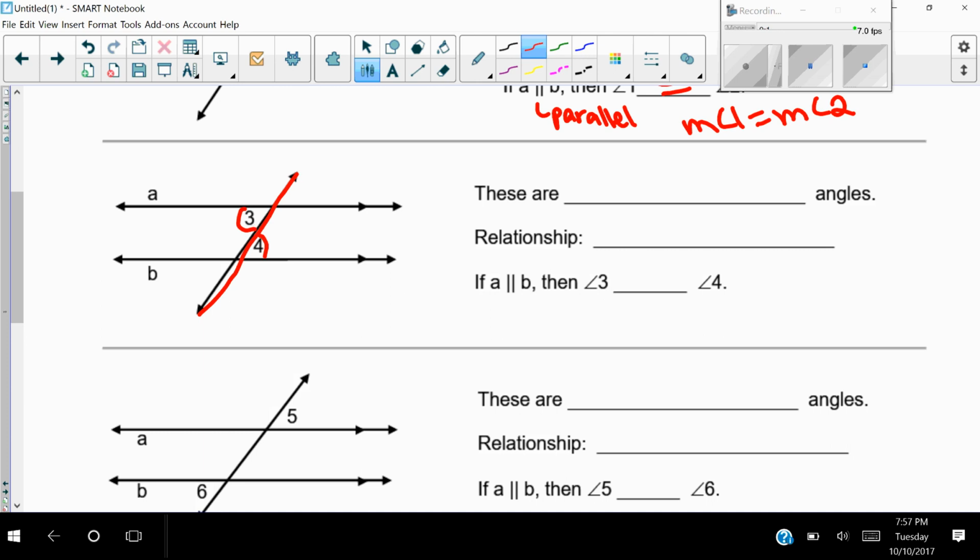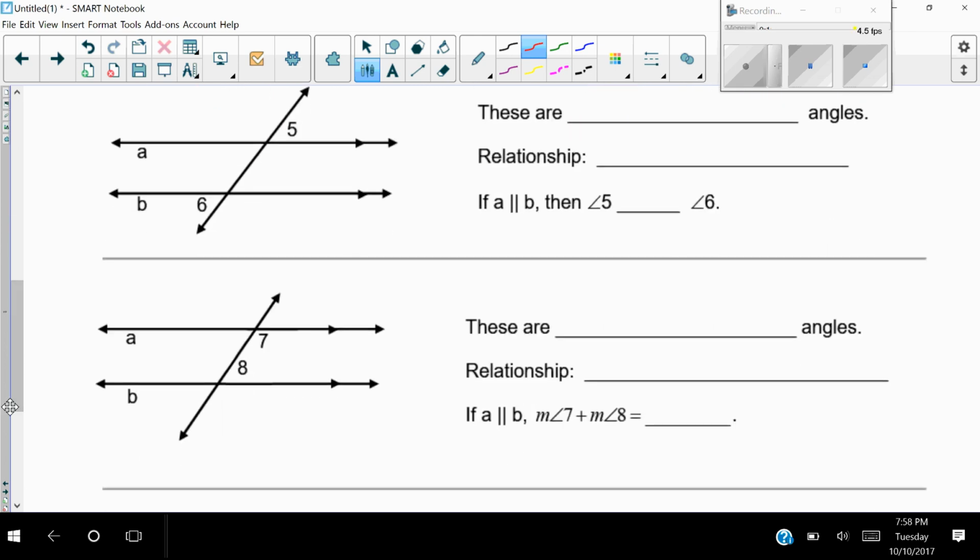So these are called alternating, the opposite sides. Alternate interior angles. They're on the inside of those parallel lines. And their relationship is also congruent, which means their measure is equal. So angle 3 is congruent to angle 4 if they're parallel. If they're parallel, then they're going to be congruent.